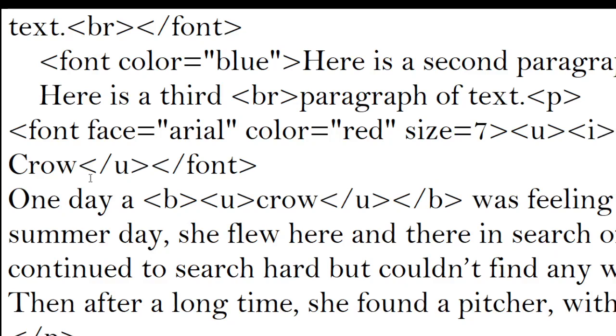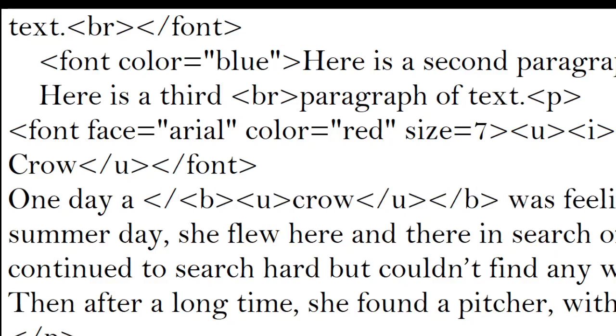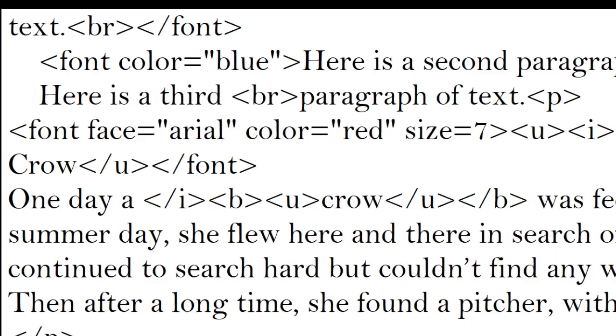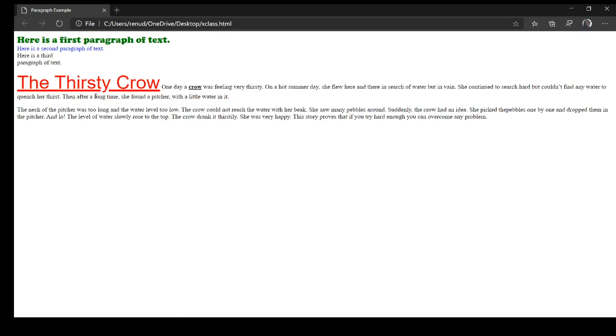And after that we want, for example, in italic text, one day the thirsty crow, and you want your text italic, then you can close the I tag here. Again you can save your web document, minimize it, again open your web browser here, and then you can refresh again here. You can see the differences between the I tag and simple text.